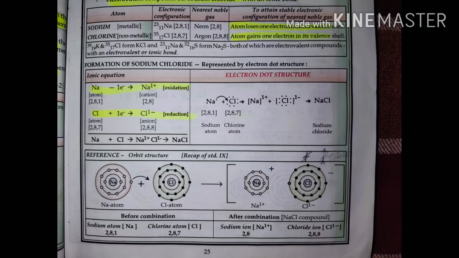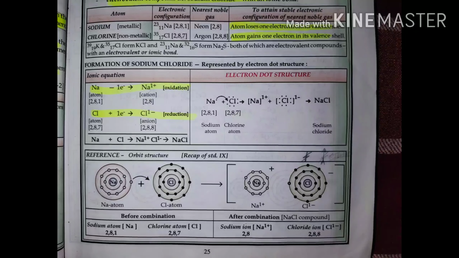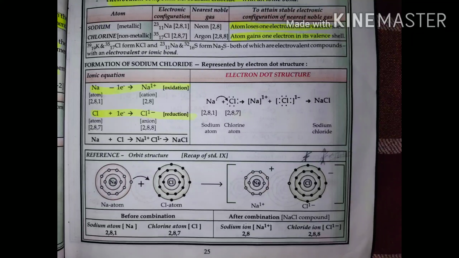Remember this, only the electrons present in the valence shell or outermost shell are represented in the electron dot structure. In the process, sodium donates one electron. It is shown with a curved arrow. Sodium is donating its electron and getting converted into Na+.